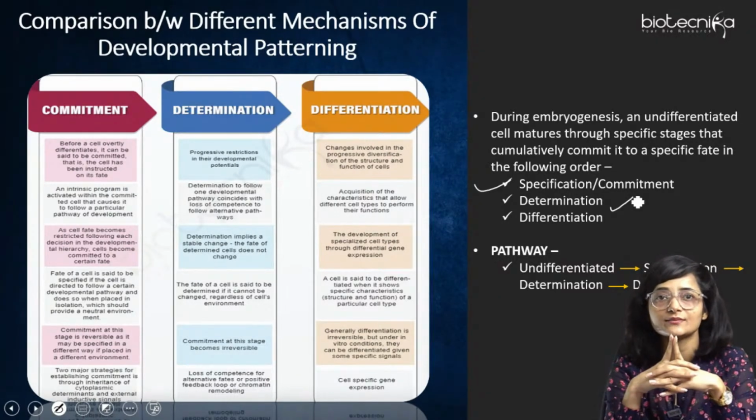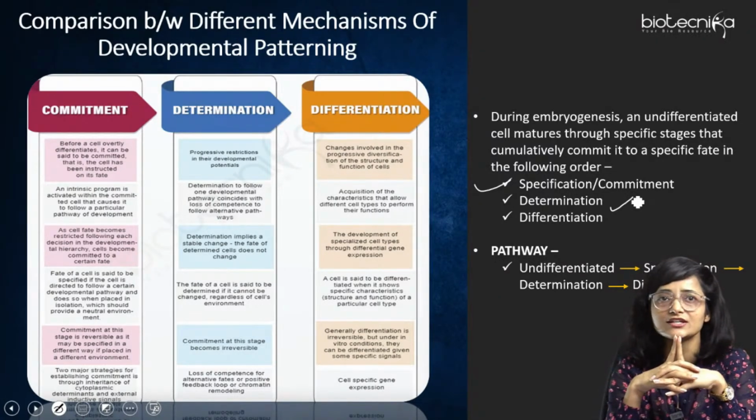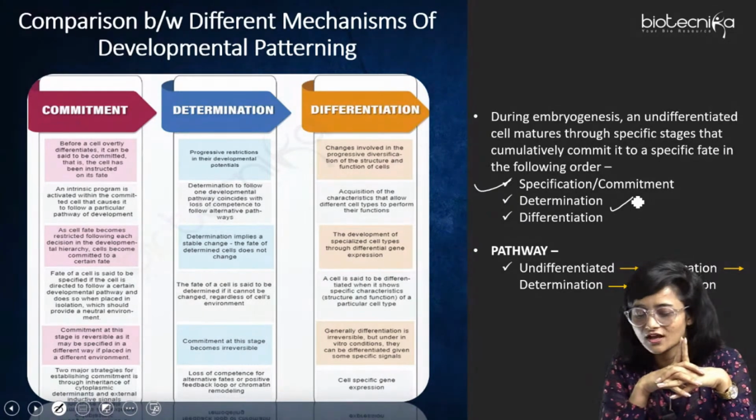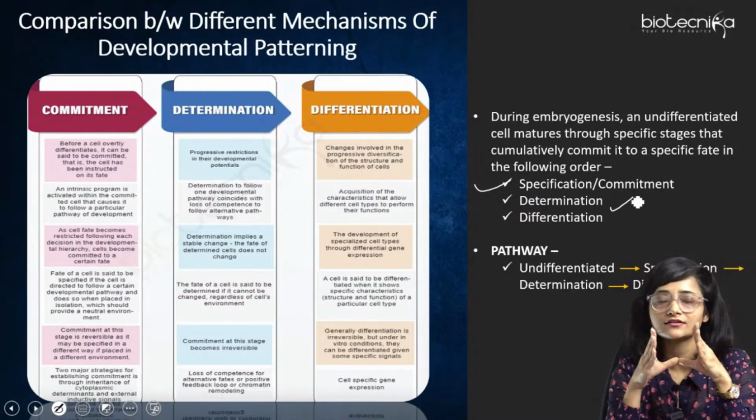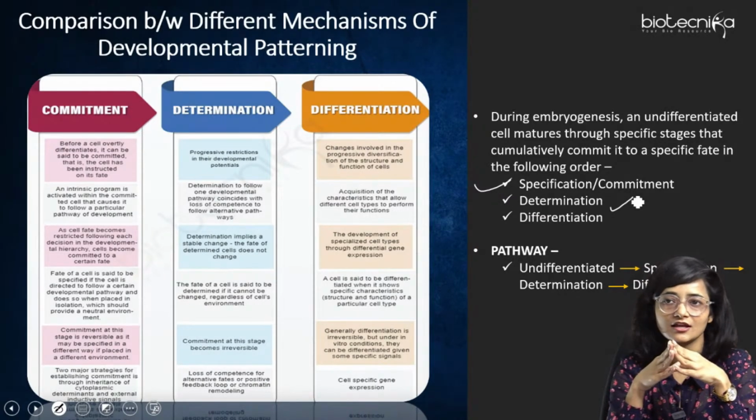Then coming to the determination. So in determination, it says that there is progressive restriction in their developmental potentials, right? So when the commitment took place, the cell has decided which particular cell fate it will be going through.